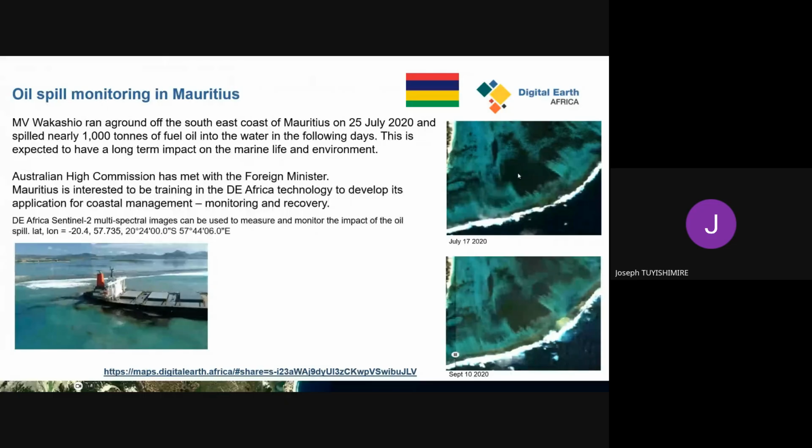This was the case of Mauritius, after the incident of 25th of July 2025, when over 1,000 tons of fuel was probably spilled into the ocean. We cooperated with the Ocean High Commission to map before and after how it looked, to detect areas that were affected.